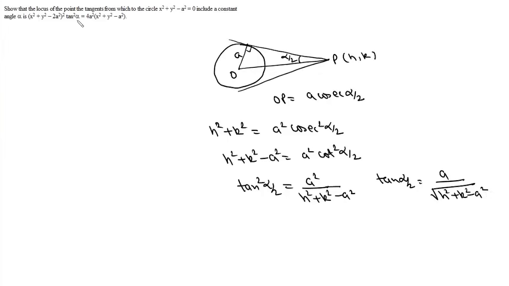Now we need this result in terms of tan alpha. Now we know that tan alpha is 2 tan alpha by 2 upon 1 minus tan square alpha by 2.